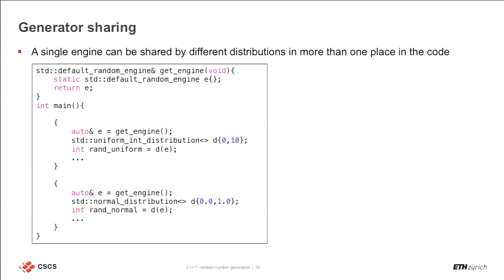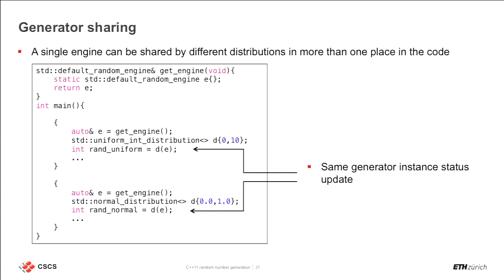We have a getEngine method that returns a reference to a given instance of a random engine, and you want to use here and here the same engine, of course. You can do that. You always have to remember that every time you make a call for the generation of a random number in the first scope, you are also modifying the status of the engine that will be used in the second one.